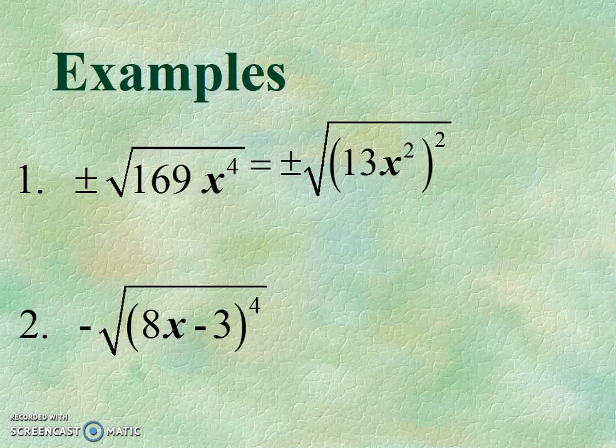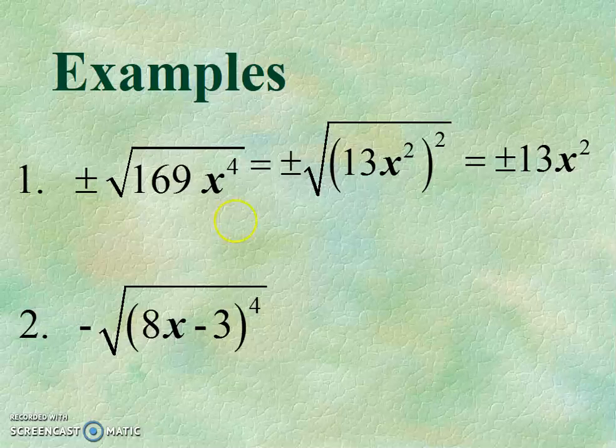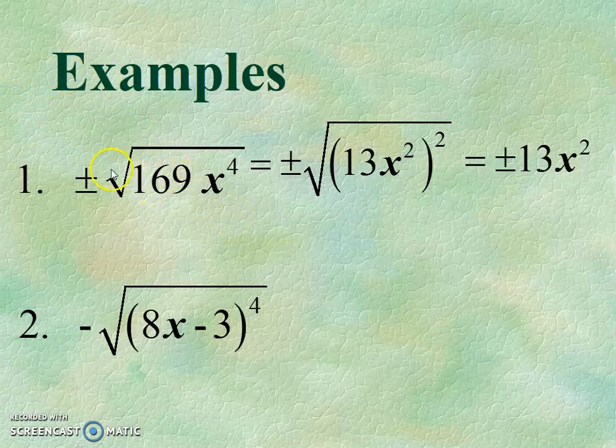So when we take the square root of that, we're going to get positive or negative 13x squared. Or we could take the square root of 169, which gives us 13. Take the square root of x to the 4th. When we're using variables, we're going to divide the exponent by the index. So 4 divided by 2 is going to give us 2. So we have 13x squared as our answer.